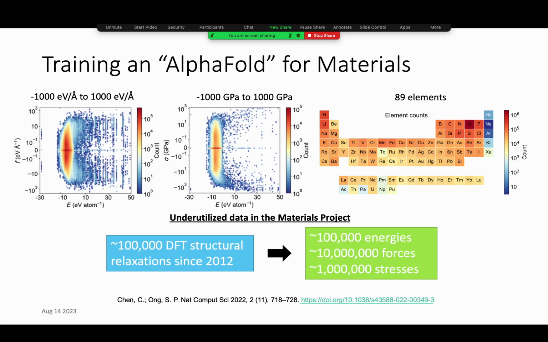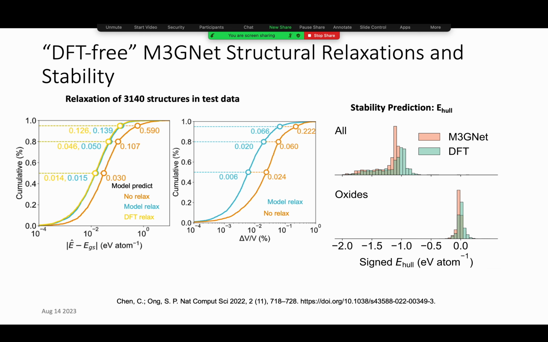And I call this basically an AlphaFold for materials science, right? AlphaFold being used to predict protein structures, but now we have an interatomic potential that can be used to predict structure for any arrangement of atoms in a material, okay? So what this enables us to do now is DFT-free structure relaxations, okay?